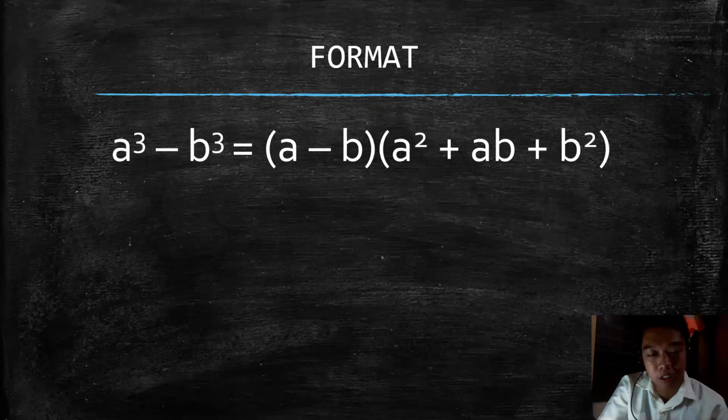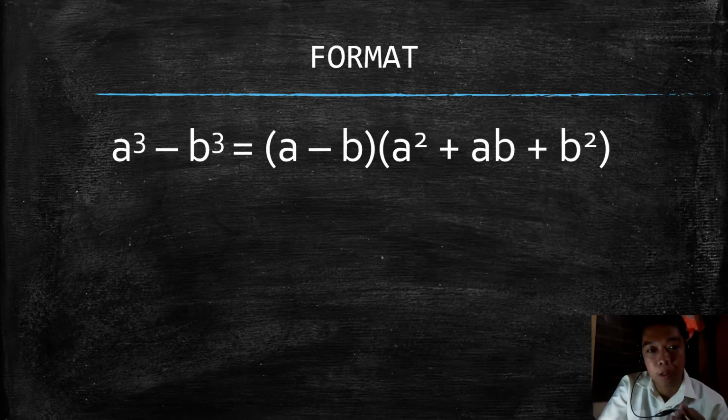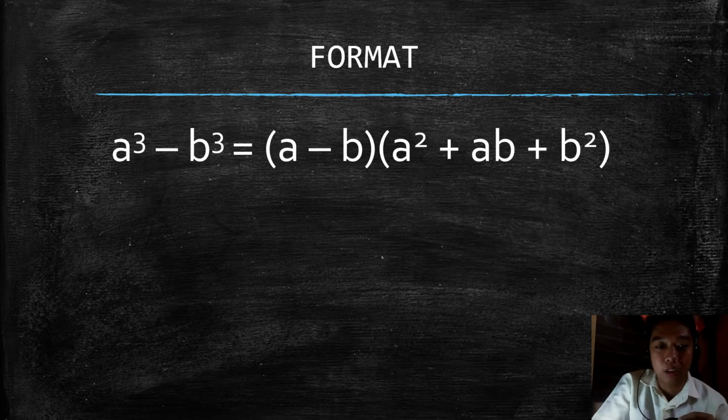At yung binomial, kung mapapansin nyo, pinalo lang niya yung operation ng original difference of two cubes. Subtraction din yung sa binomial. Okay, so later on, mas malalaman natin yung process ng pagkuha ng factor ng difference of two cubes.